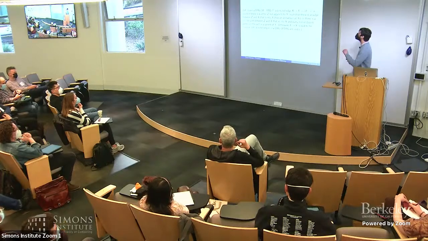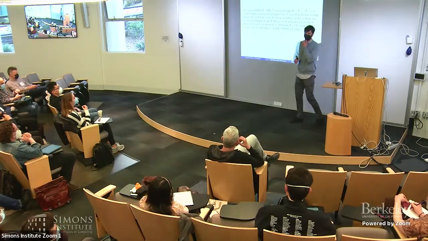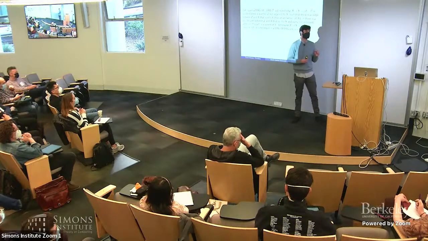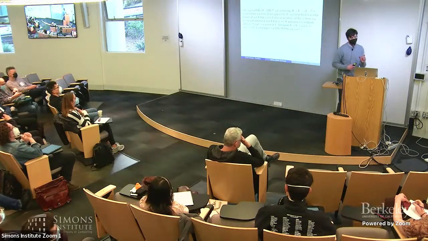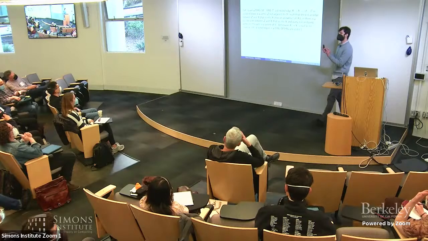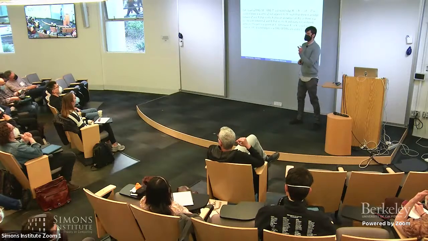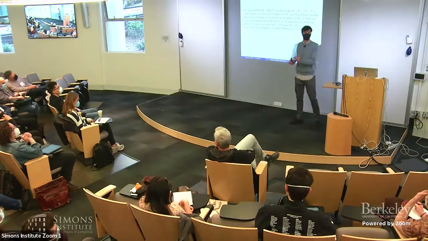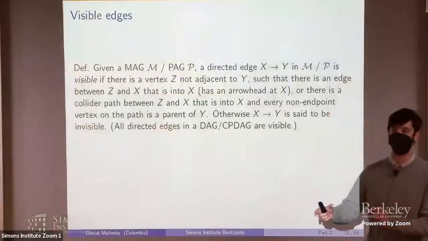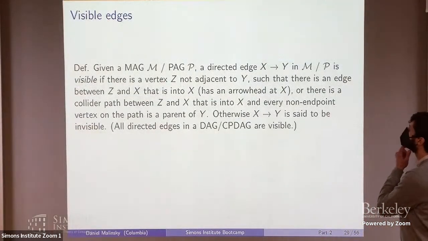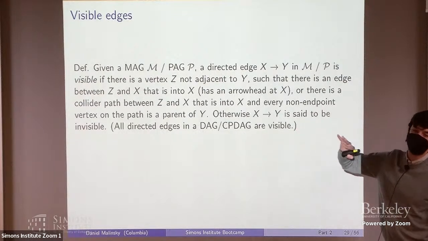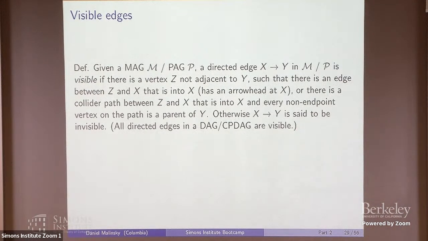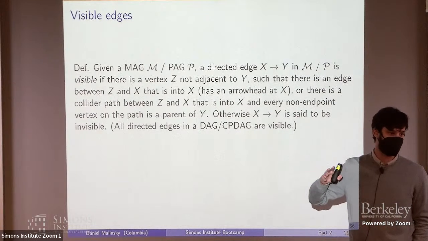One important property that I alluded to earlier is that some directed edges can hide or be ambiguous between the existence of only an ancestral relationship or both an ancestral relationship with unmeasured confounding. There's a criterion involving visible and invisible edges which distinguishes between the two options.